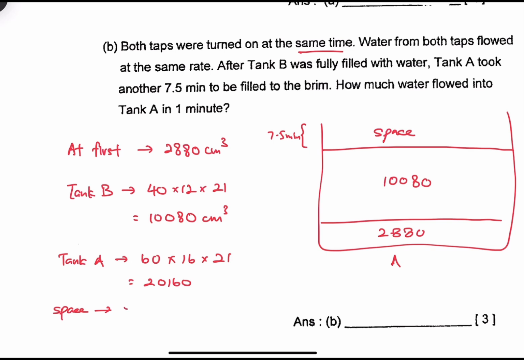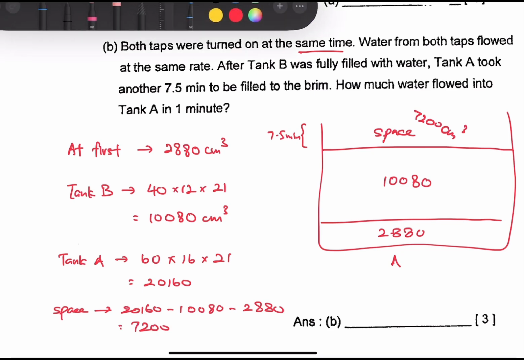It is 20160 minus 10080 minus 2880. This will give you 7,200. So this space here is 7,200 cm cube.